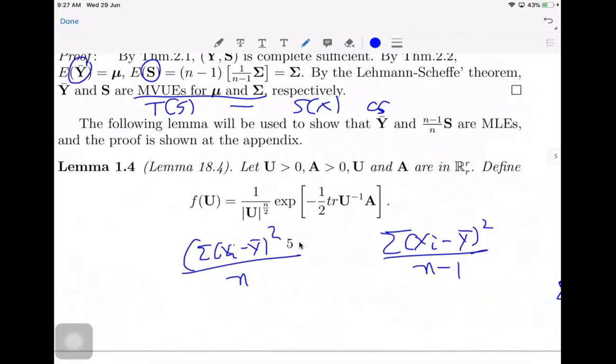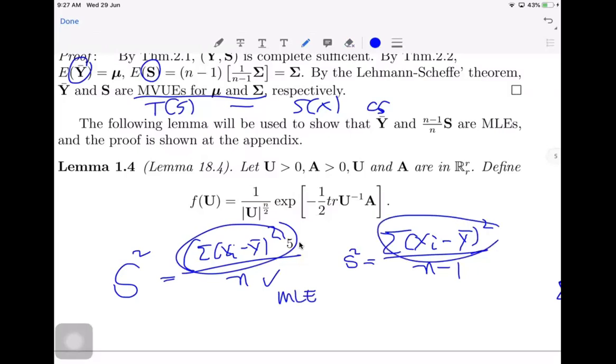Usually we use small s and capital S. One is divided by n, the other divided by n minus 1. The one that divides these square deviations by n is the MLE, but not the MBUE. The one that divides by n minus 1 is the MBUE. So this formula here is actually the capital S squared, the one divided by small n.